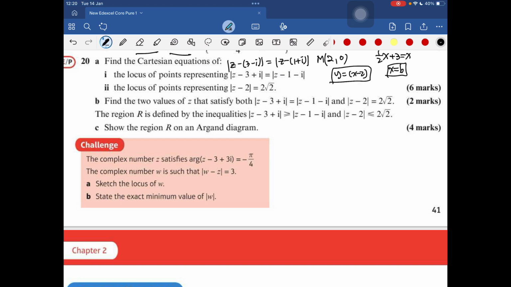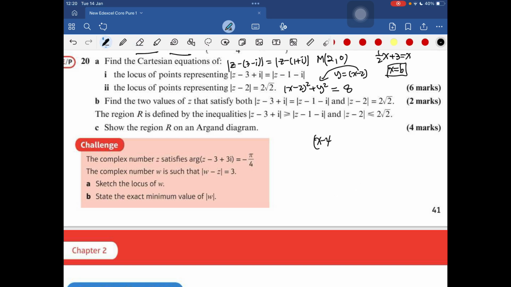And for part ii, this is x minus 2 squared plus y squared equals 8 because the radius is 2 square root of 2. To find the value of z, this and this, when they are together. But actually when y equals x minus 2 it is easy to calculate.